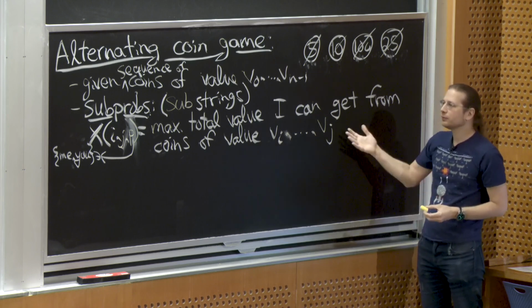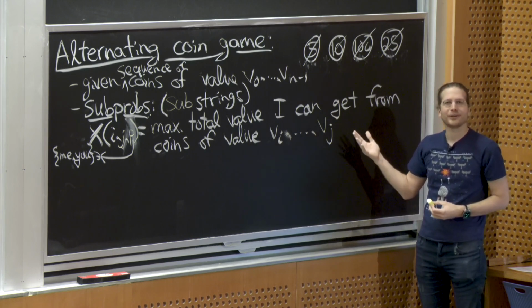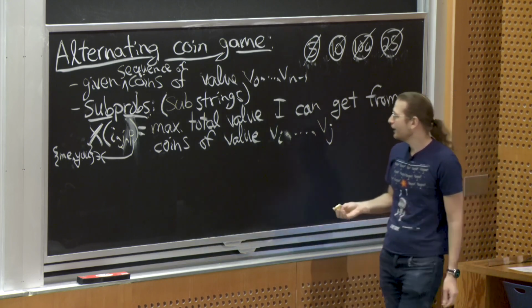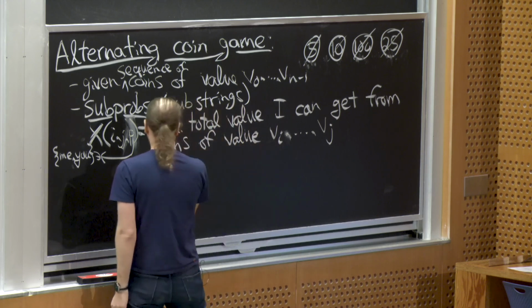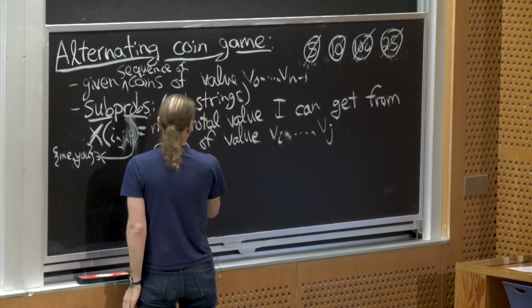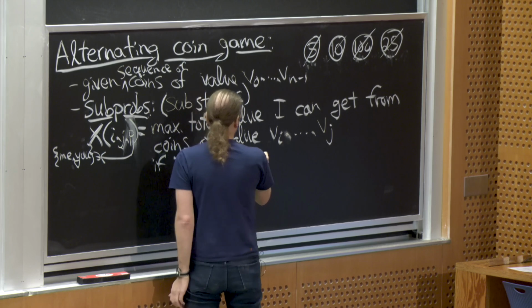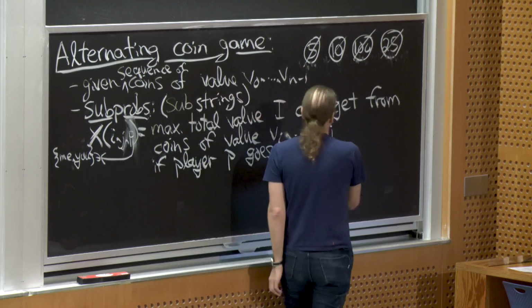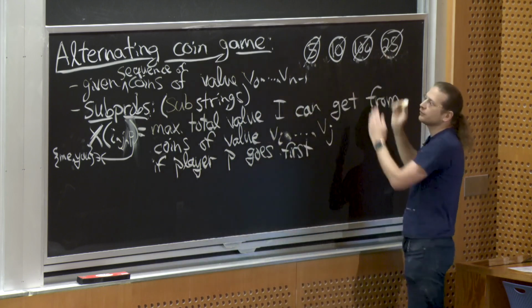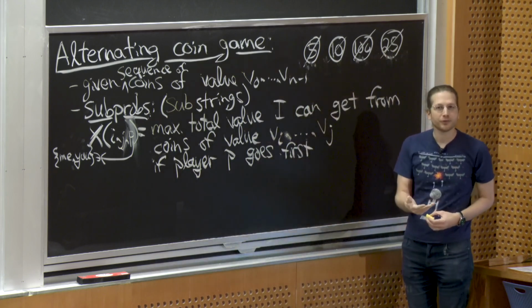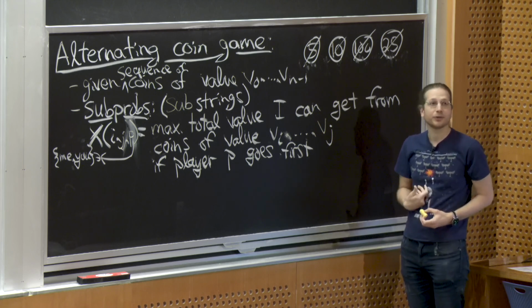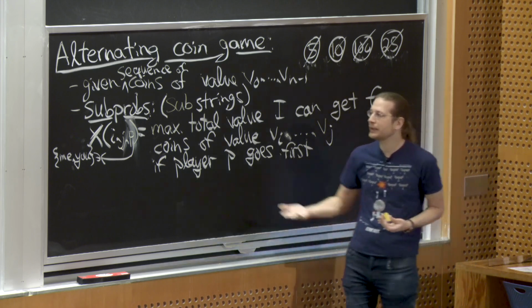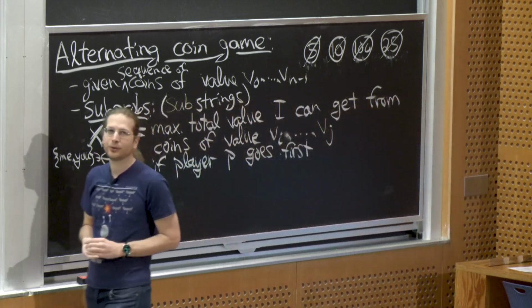And so I don't really want to know the maximum total value that I would get if I go first. I'd like to say if player P goes first. For some of the substrings, I want to know what happens when you go first, and for some of them, when I go first. Because as soon as I make a move, it's your turn. And so we're going to flip back and forth between P being me and P being you.